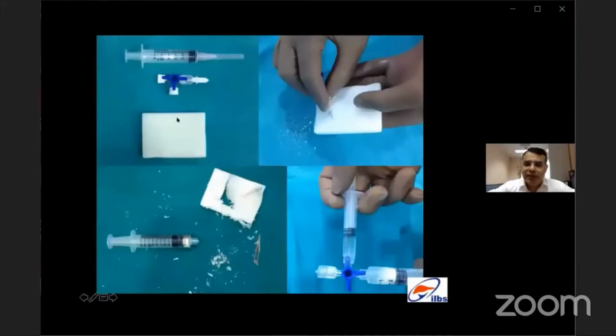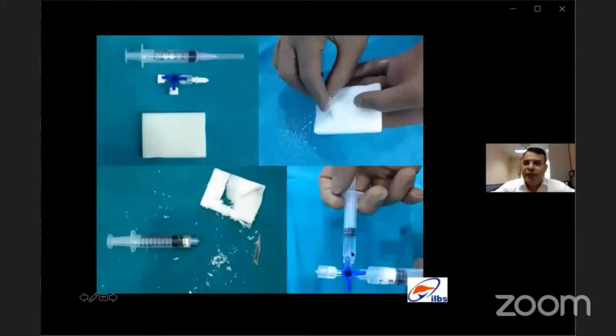You can just scrape the gel foam pad. So this is the gel foam pad. You can scrape it, take these scrapings into a syringe, and mix it with saline using a 3-way, and you can make a thick paste or a gel foam slurry.